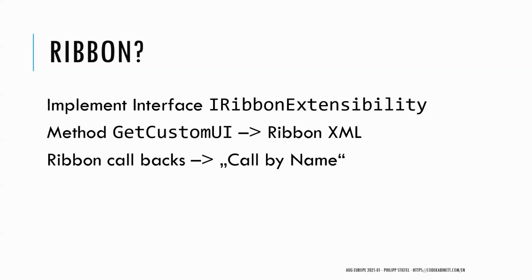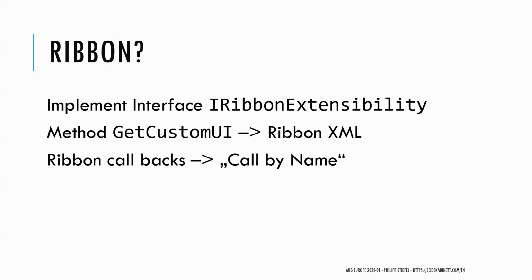IRibbonExtensibility. You probably have seen that because it's in the MS Office library, and you will also see it in VBA, although you cannot do much with it there. And it has a method GetCustomUI, and this method is supposed to return valid ribbon XML. That's essentially the very same ribbon XML that you would use if you create your custom ribbon in Microsoft Access directly.